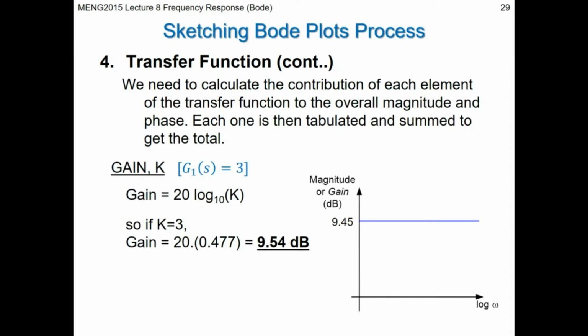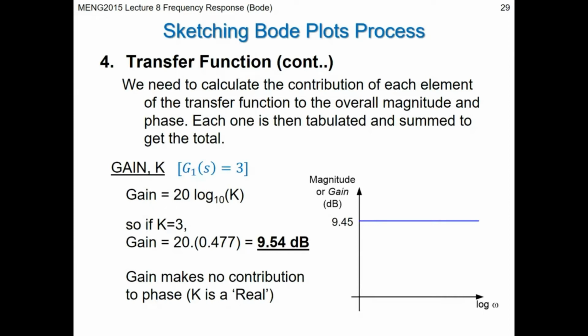So the contribution from this pure gain factor in our transfer function is going to be plus 9.54 decibels, and that's true for all frequencies. So that's a straight line across our frequency curve, as we see here. It doesn't matter what the frequency is, we're always going to get our gain of 9.54 decibels.